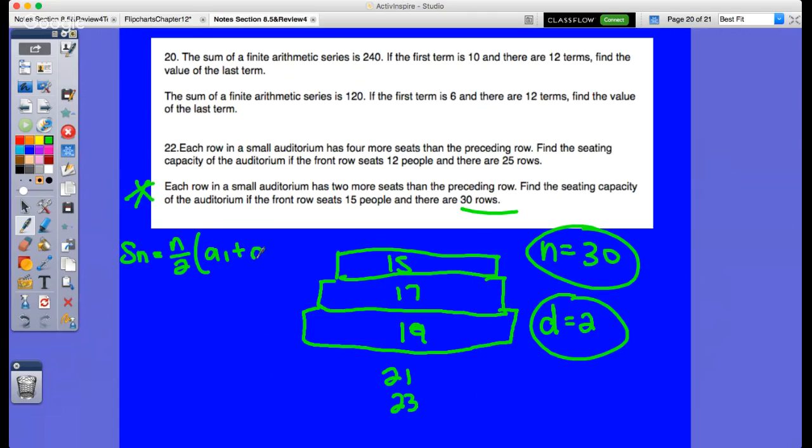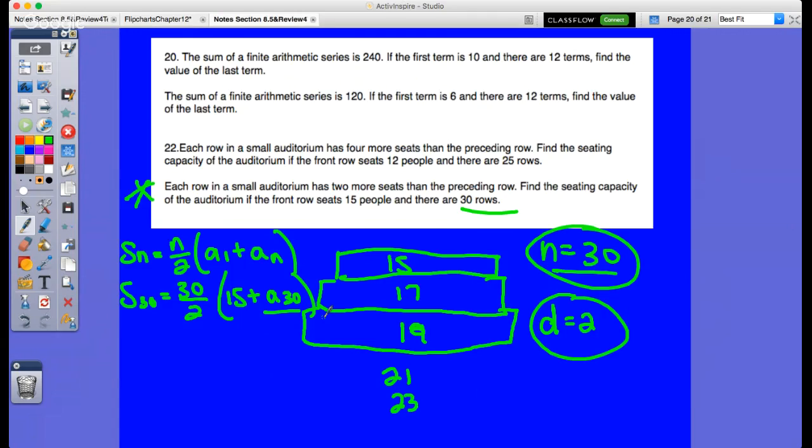So a sub 1 plus a sub n. Now, because there's 30 rows, we could say that we're trying to find the sum of 30 rows that equals 30 over 2 times a1, which a1 would be 15, plus a sub 30, okay, which would be the 30th term.